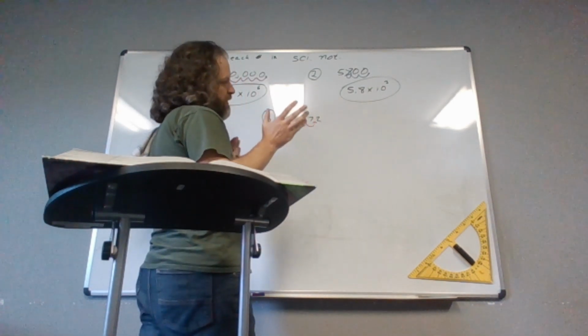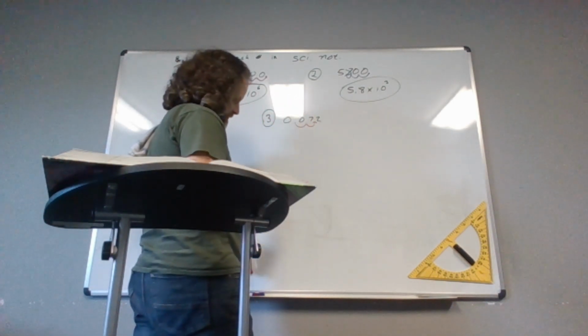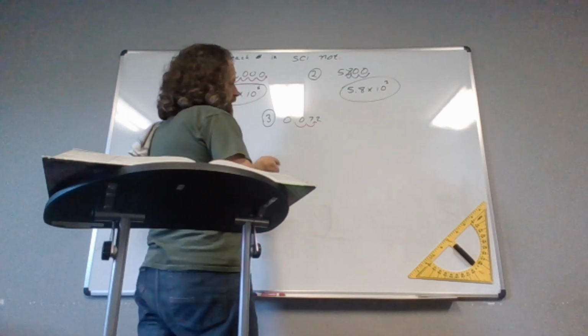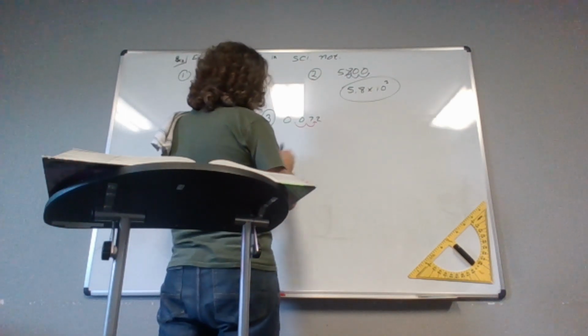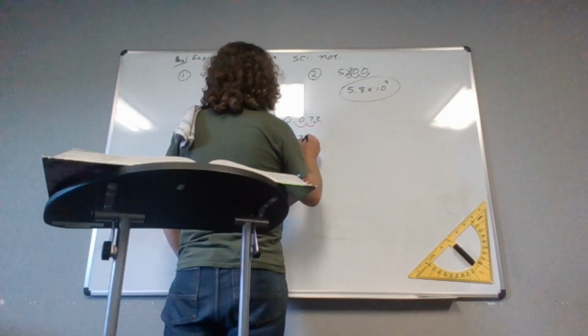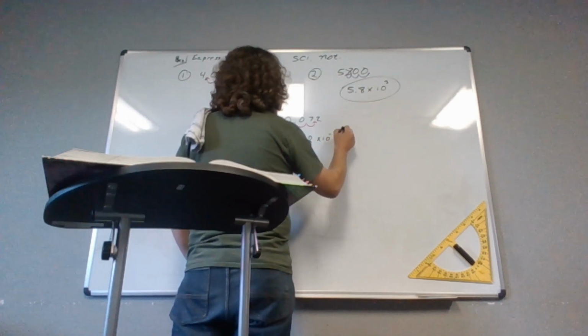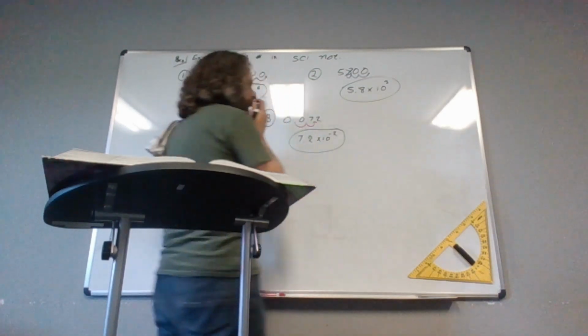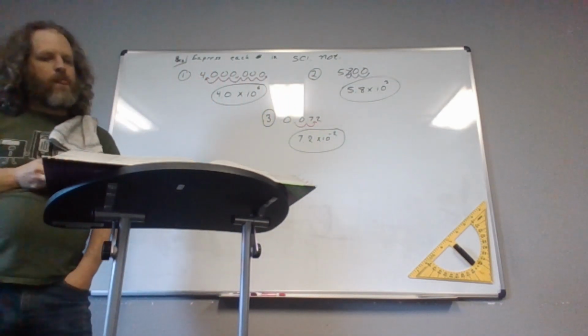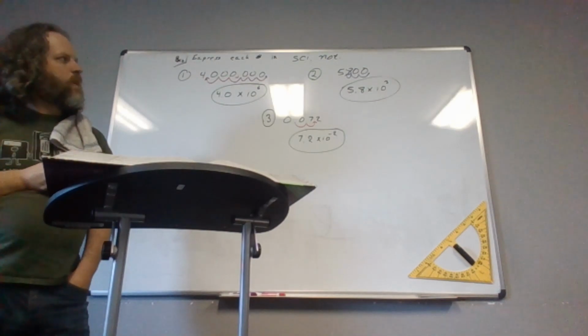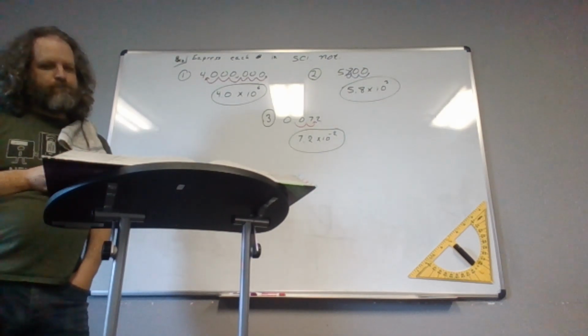Now, do we start with a big number or a little number on this one? Little number. So it's 7.2 times 10 to the negative 2. Easy peasy.